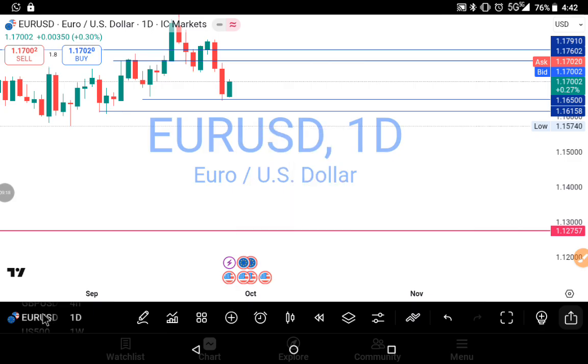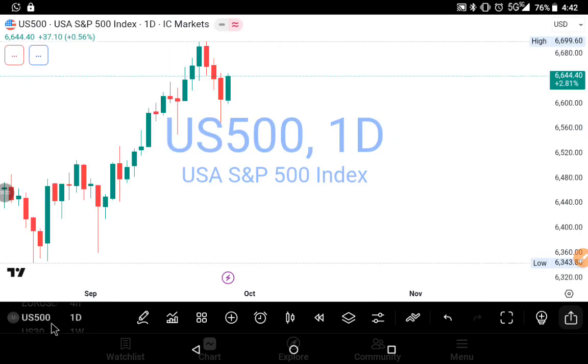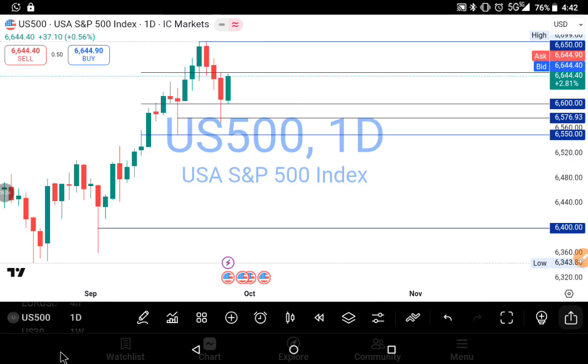And S&P 500 last week, I was interested in the level 6577 to serve as a support to the price.